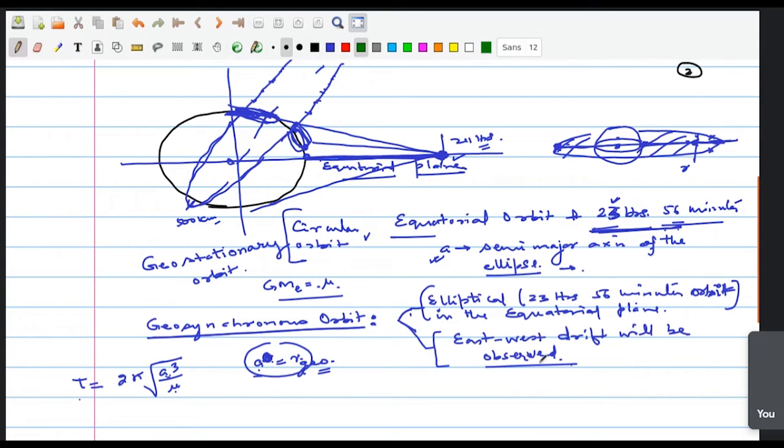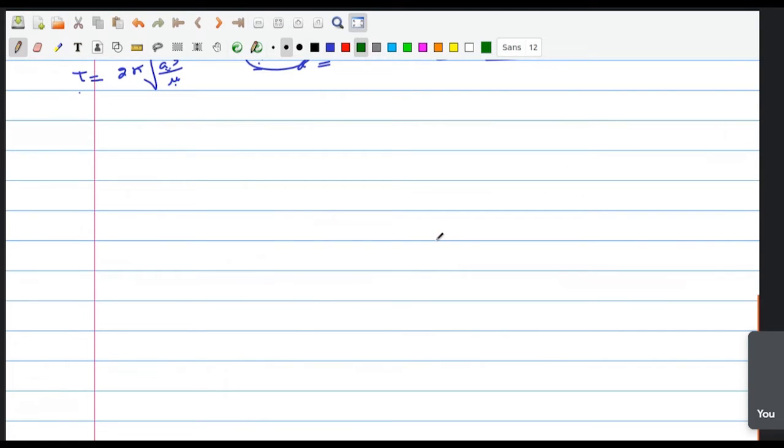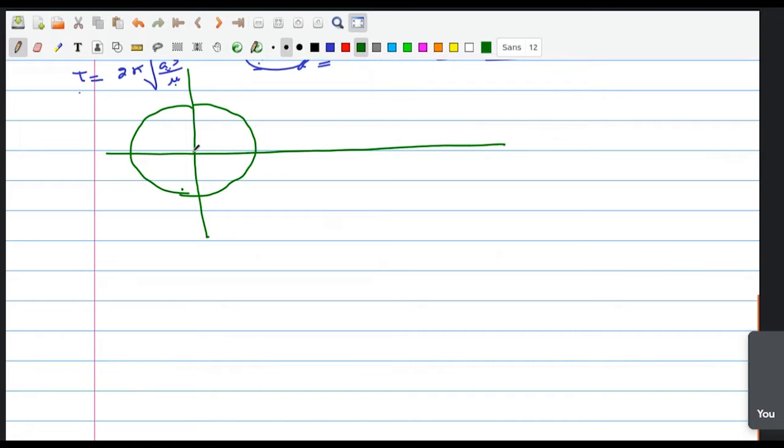Now in the case where we have a little inclined orbit. This is the equator, and the orbit is not like this, but the orbit is a little inclined.